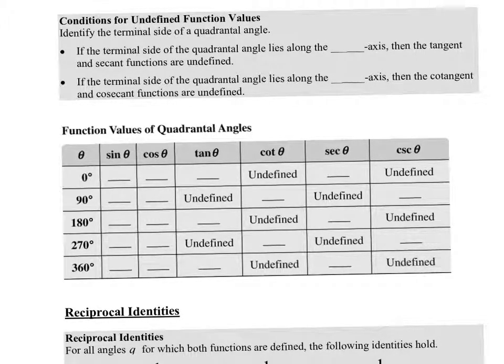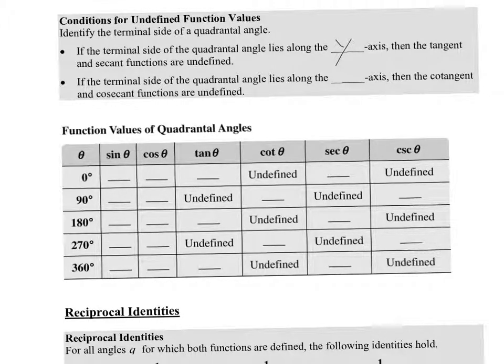So if the terminal side of the quadrantal angle lies along the y-axis, then tangent and secant will be undefined. Okay? So if the terminal side is either 90 or 270, then tangent and secant will be the ones that are undefined.